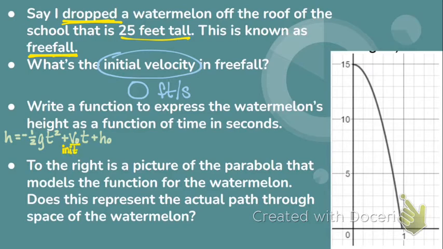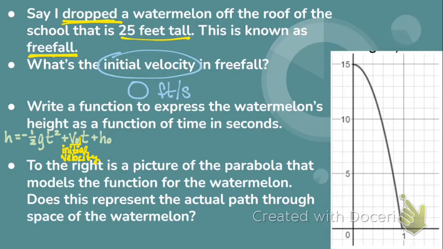How do you put the naught in the calculator? So you don't put the naught in the calculator. That little number right there is telling us the time. So this is velocity at time 0. That's what the little 0 next to the h means. It's the height of the watermelon at time 0, or at the beginning.